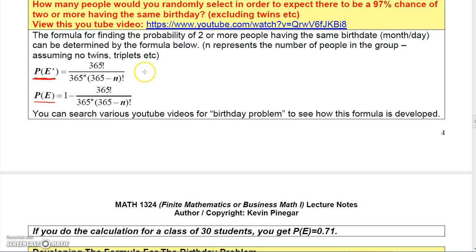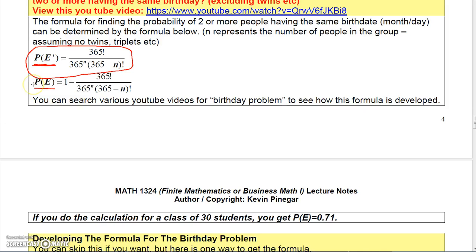Now, I'm not going to go through how I got this, but you can view this video here or do some other searches for the birthday problem on YouTube. But just trust me, it's much easier to find the probability that no 2 people have a matching birthday than it is to find the probability that 2 or more have a matching birthday.